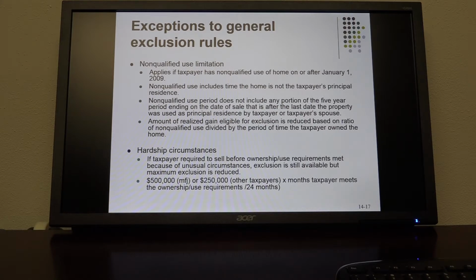So if you met the requirements for a year, and let's say you're married filing jointly, you would get half of the $500,000 exclusion, an exclusion cap of $250,000 in that case. Exactly half, because you met one half of the ownership use test, 12 of 24 months.